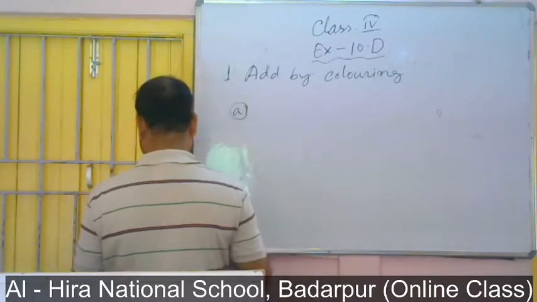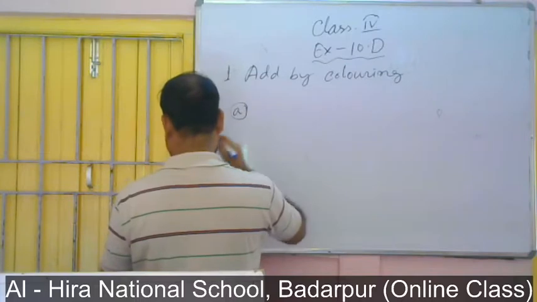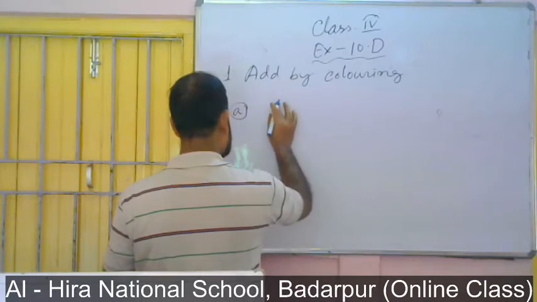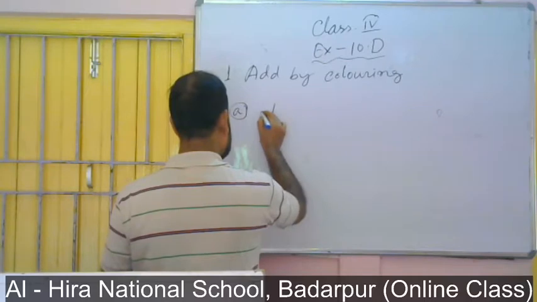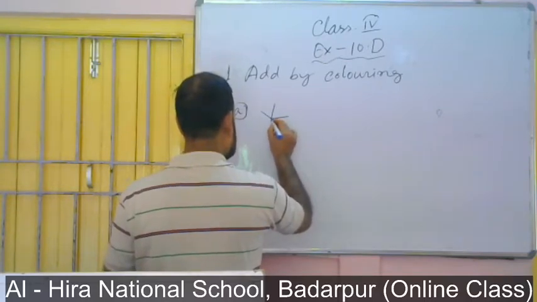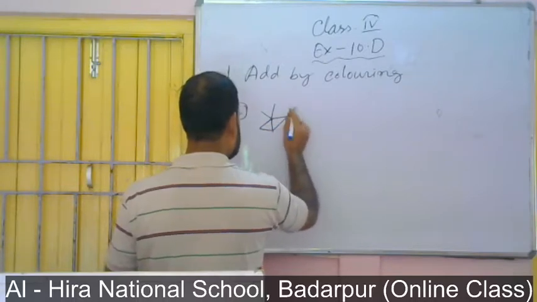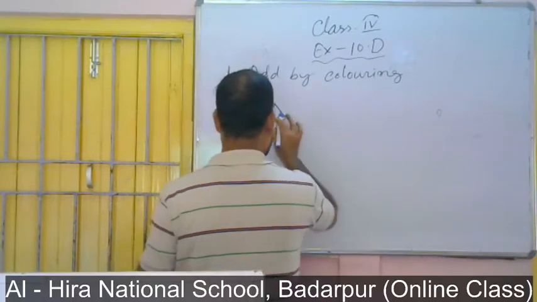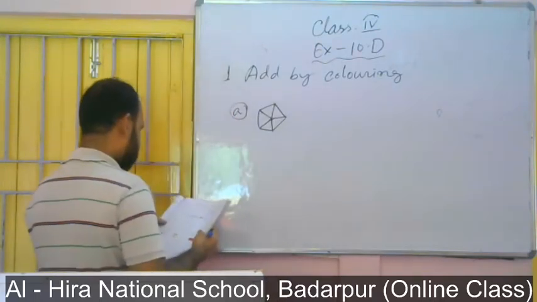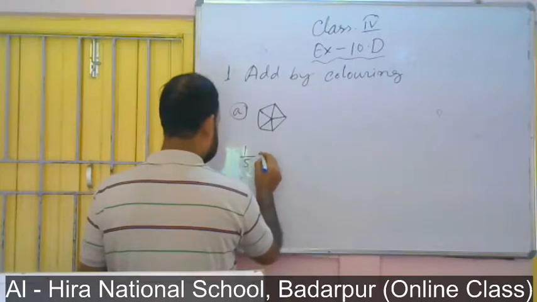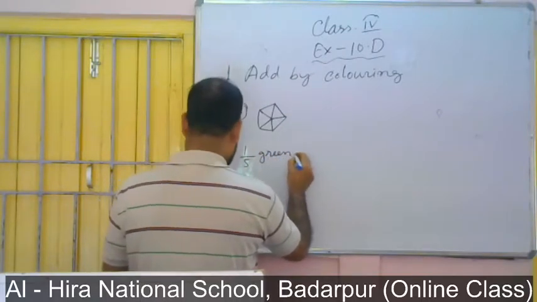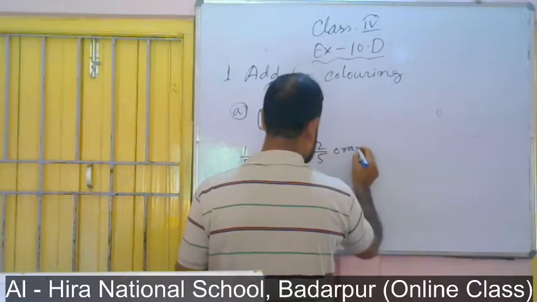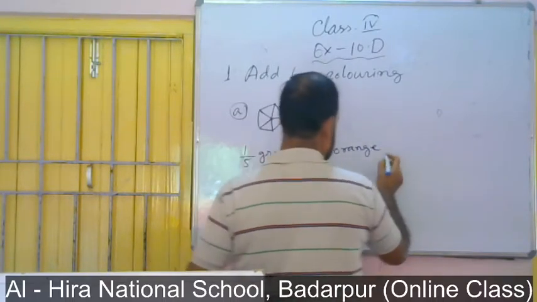Question A. Here 5 equal parts are there, and the fraction is 1 by 5 green plus 2 by 5 orange equals dash.